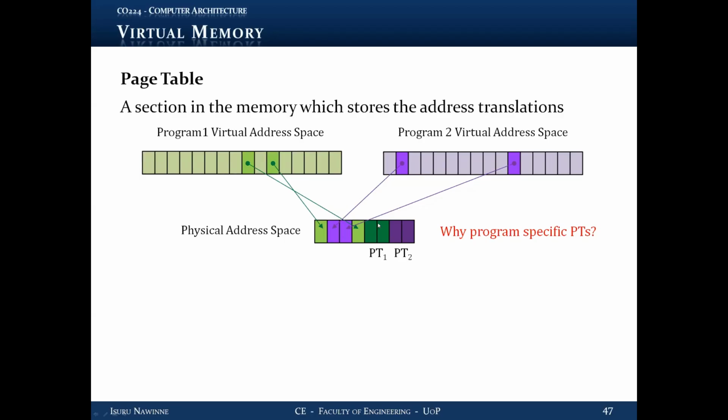Therefore, page table 1 here should contain 16 entries, one for each page from the virtual address space. And the entry should specify, if the page is available in the memory, the corresponding physical frame number or the physical page number.